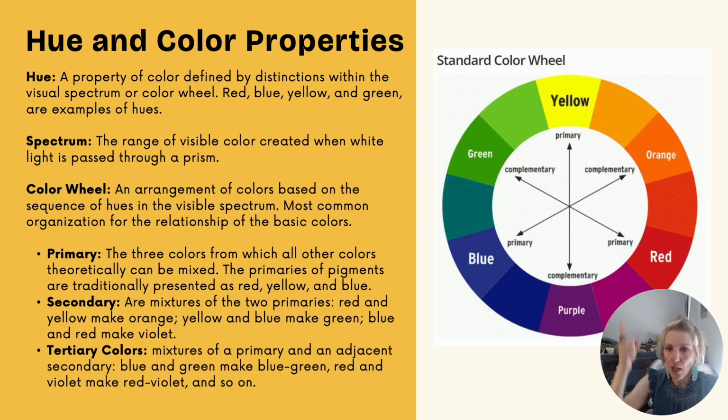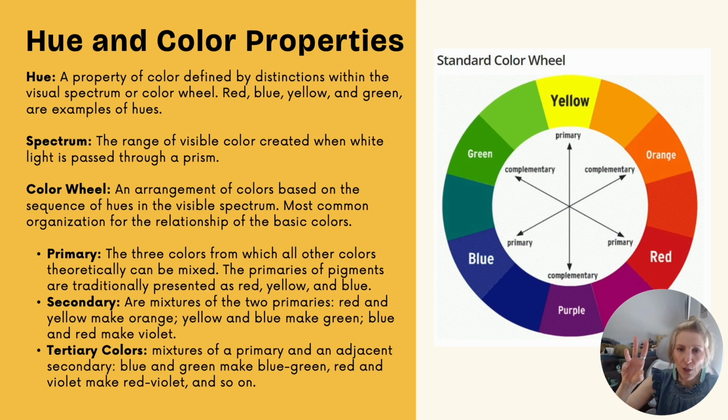And we're talking again about the human typical visual spectrum. The color wheel is an arrangement of colors based on a sequence of hues in the human visible spectrum. It is the most common organization for the relationships of basic colors that we'll discuss.